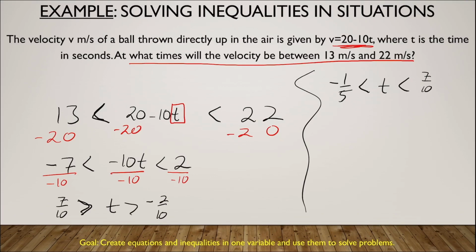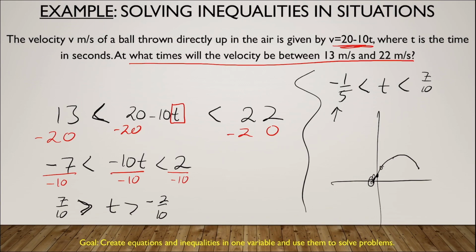So let's think about what this means. We're talking about meters per second. So right here, I'm not going to have a negative time, right? So that means this ball is being thrown up, which kind of makes sense, right? That negative part is kind of irrelevant here. 7/10 is just really quick here.